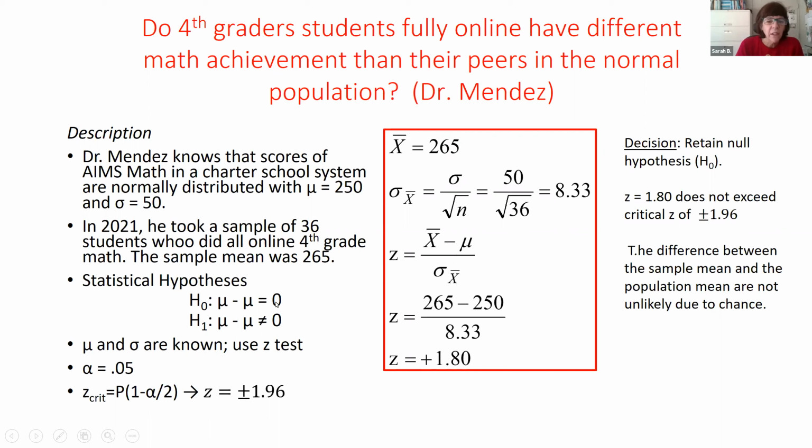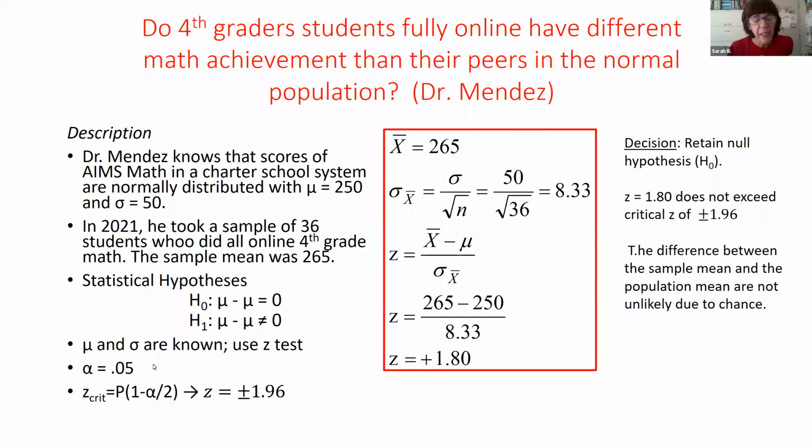His null hypothesis is that the population mean minus the population mean represented by his sample is 0. There's no difference between the population mean and whatever is represented by his sample. And the alternative is that there is some difference. He knows mu and sigma, and in that case, he can use a z-test. Otherwise, he has to use a t-test, which we'll be covering soon.